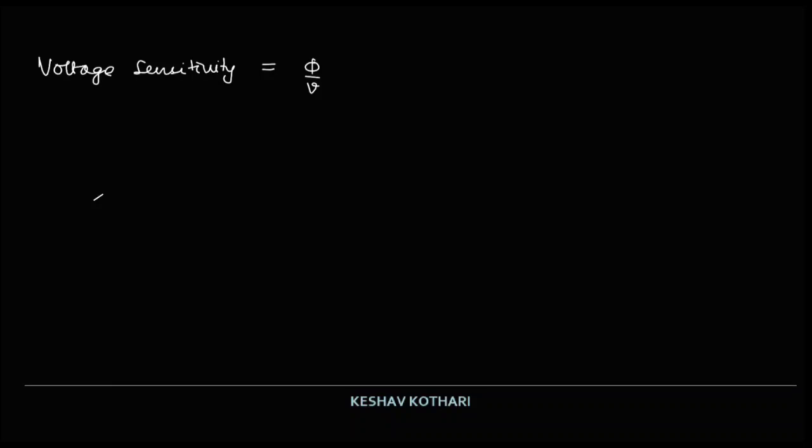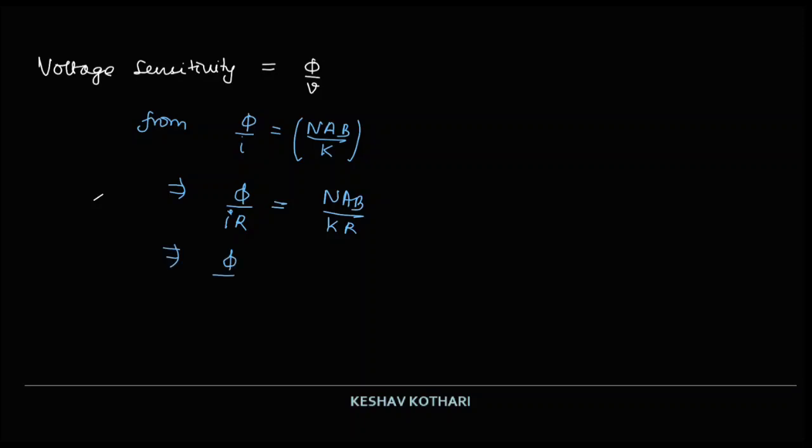So I am converting the expression which we attained. From phi by I equal to NAB by K, if I divide by resistance on both sides, this becomes phi by V, which is equal to NAB by K into 1 by R. This R is a very large resistance that is connected in series with the galvanometer when the conversion of a galvanometer into a voltmeter is performed, which we will discuss soon.